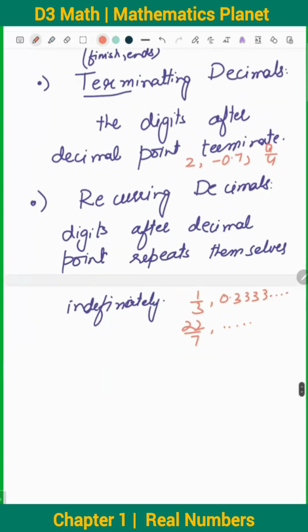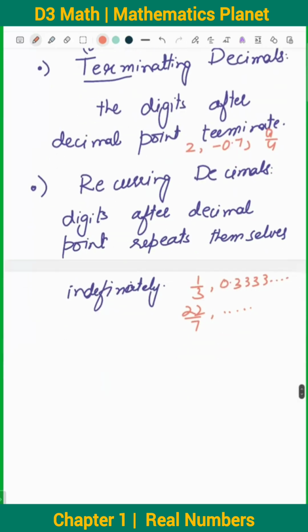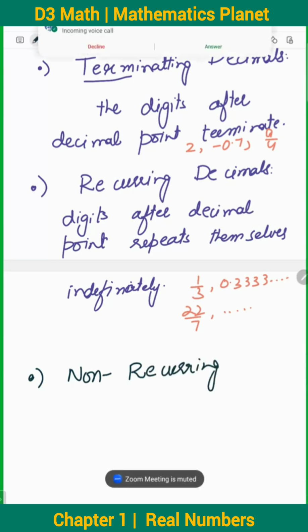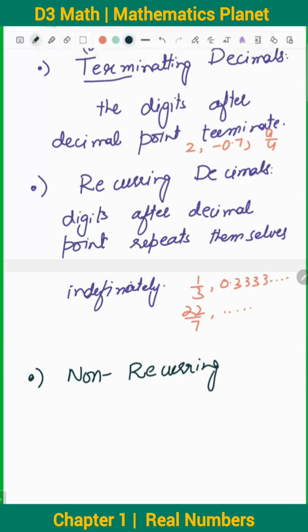Then we have non-recurring, non-terminating decimals. Because it is very difficult to attend a call.